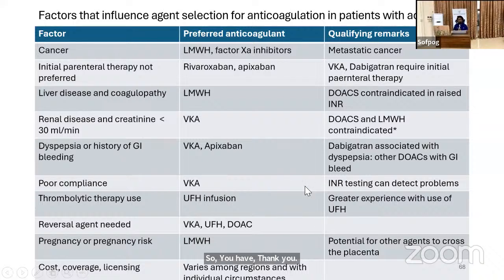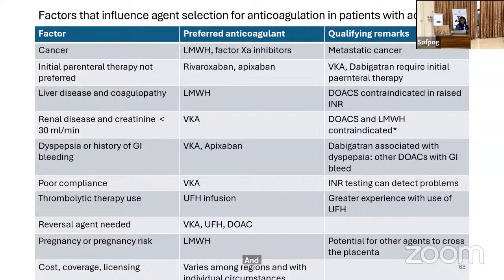If you are using warfarin, you can check that they are within range for their INR. With the direct oral anticoagulants, realize that the half-life is quite short, so if you stop it, you are at a high risk of a thromboembolic event compared to warfarin, which has a long half-life.